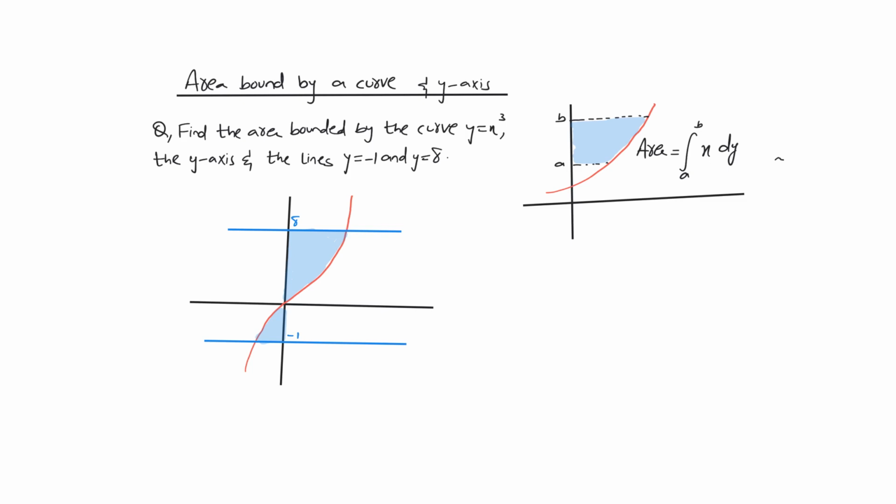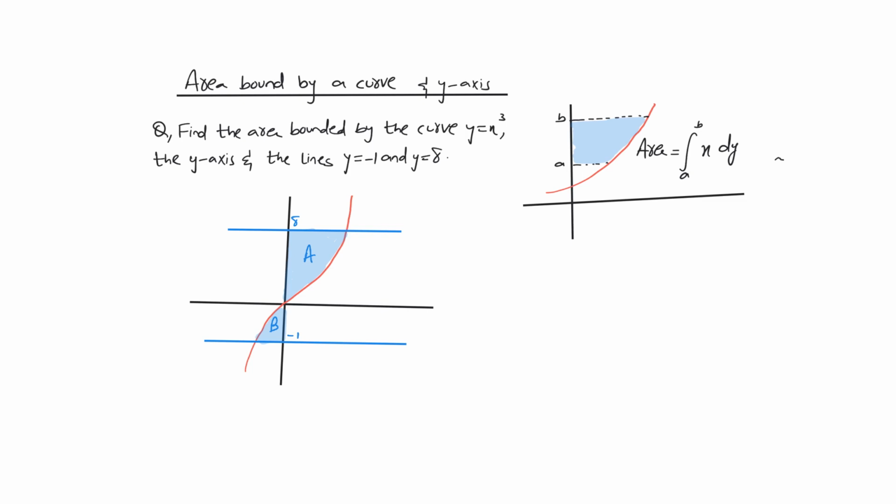Now since one is on the right side and one is on the left side, the one on the left side of the y-axis this time would be a negative value. So again you have to integrate it in two parts. But first of all, what you need to do is to make x the subject.